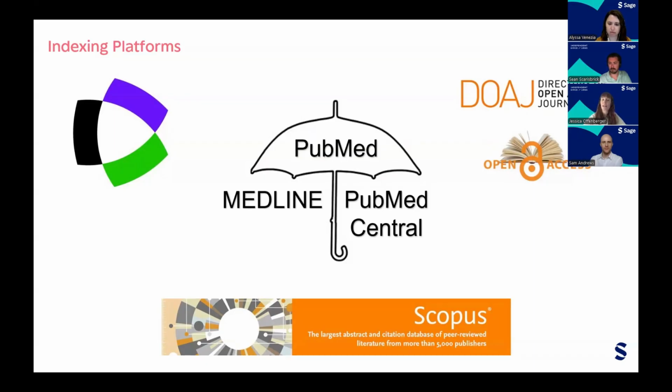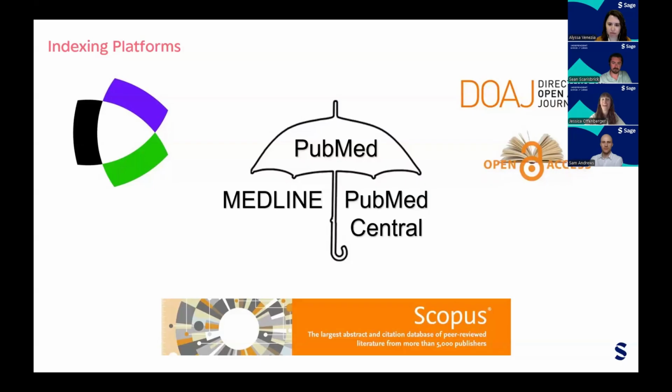PubMed does not provide citation metrics because it is a free and highly credible indexing database. It's really a go-to place for biomedical researchers to find articles. Because of this, it offers high discoverability for these journals and authors that have content indexed in it.